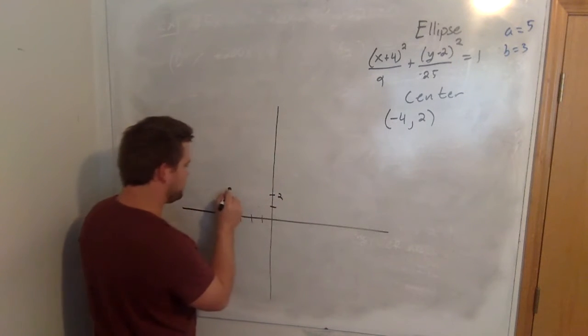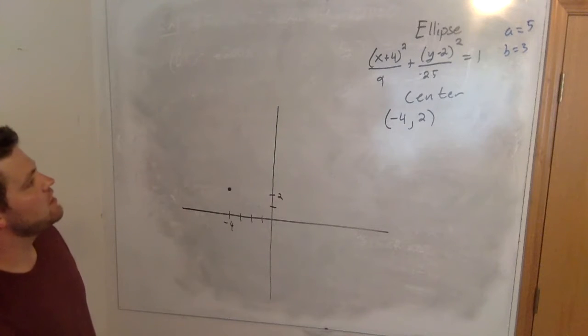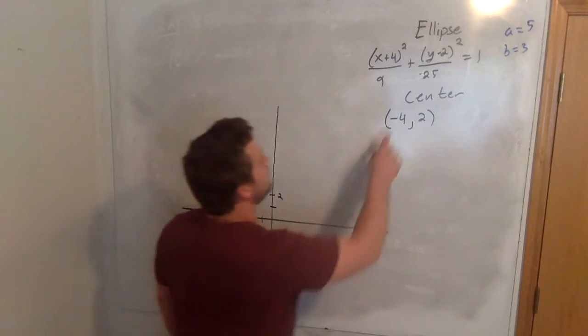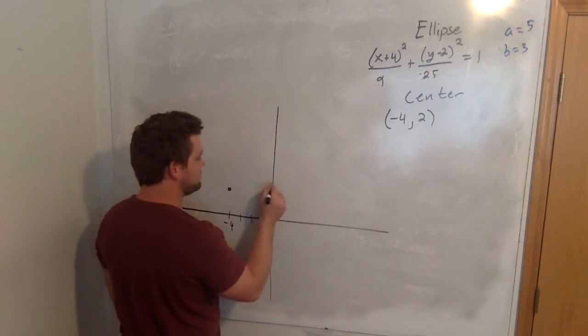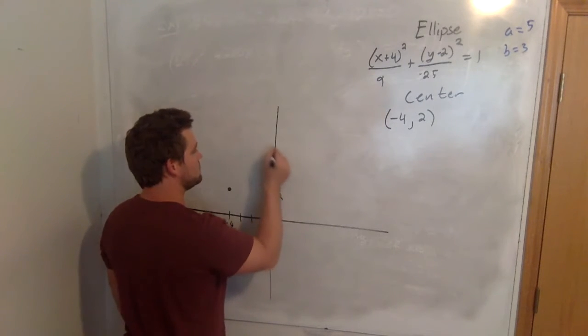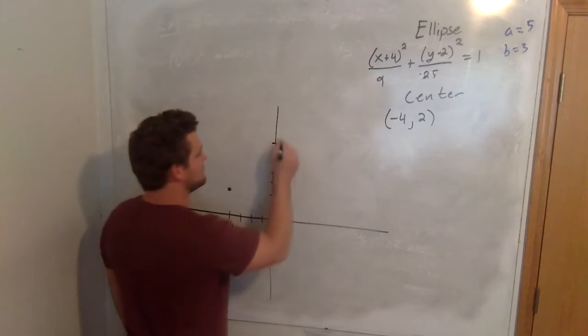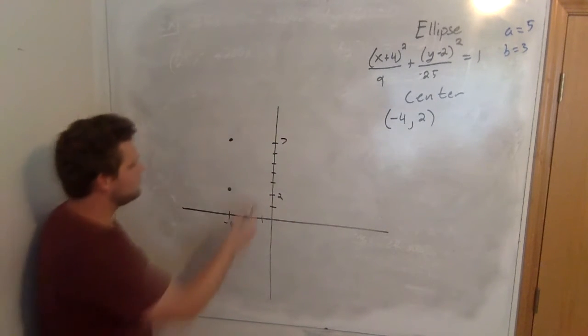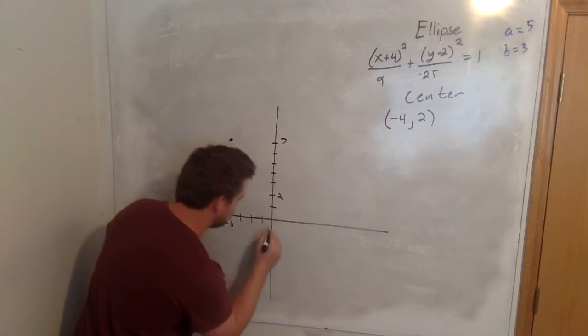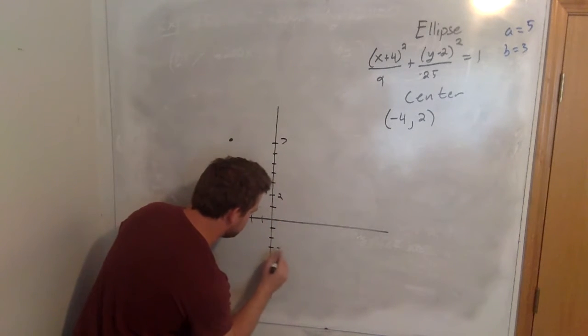Here's our center. Our a is 5, so I need to go 5 in the y direction from our center, so we'll go up 5 units. 5 and 2, that's 7. So here will be one of our vertices. And then we need to go down 5 units, so I think we'll be at -3.